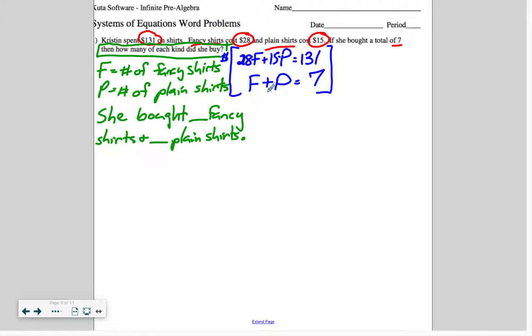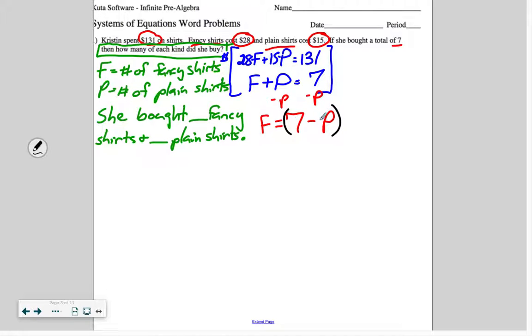Or some of you have taken to this substitution thing, but in substitution we need one of the variables isolated, or all by itself. And we don't quite have that here, but we could simply solve for F by subtracting P. So a third true statement is the number of fancy shirts is going to equal 7 minus P, minus the number of plain shirts. So if you want to do the substitution method, make sure you have a variable solved for.